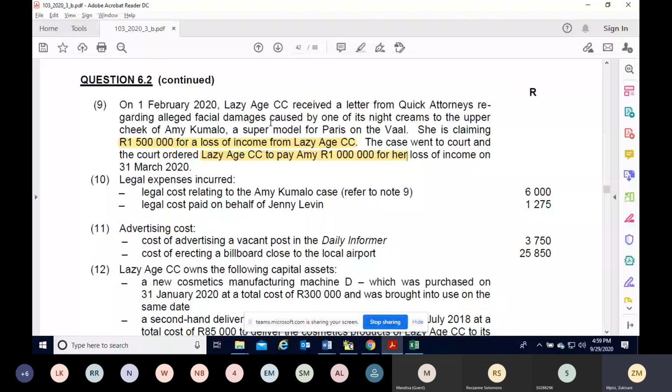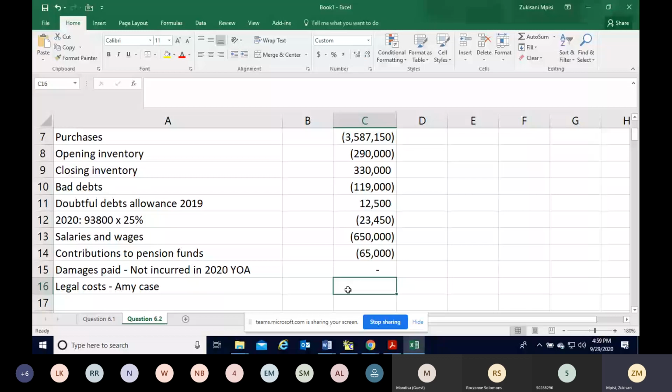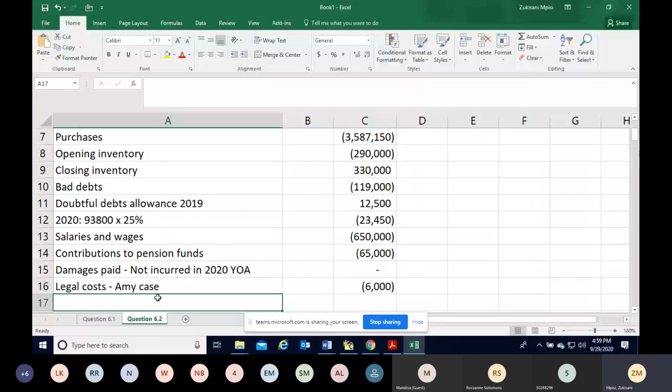Remember when the lawyers went to present at the court, they were defending a product of the business. So it was in the production of income that we had to stand in for this case. Therefore the 6,000 becomes deductible because it's closely connected to the production of income.